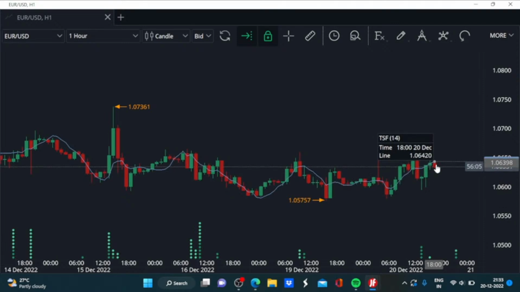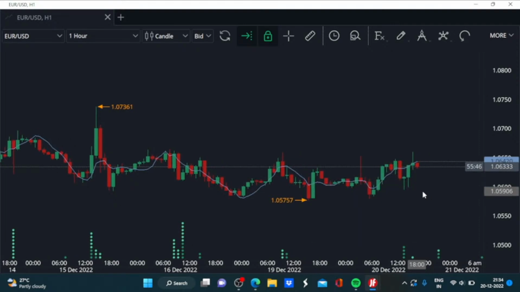This indicator is derived using the linear regression output values, and using that we get this projected price. If the current price is above that, it is considered bullish, and if the underlying instrument's price stays below the time series forecast output, it is considered bearish.